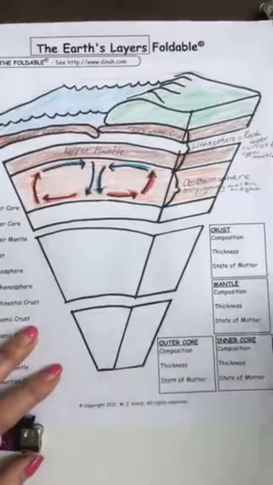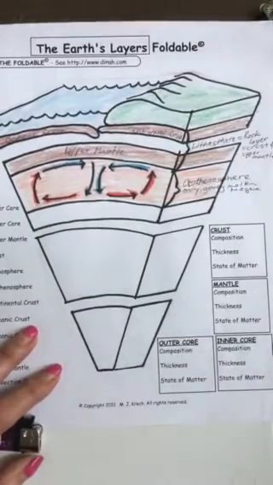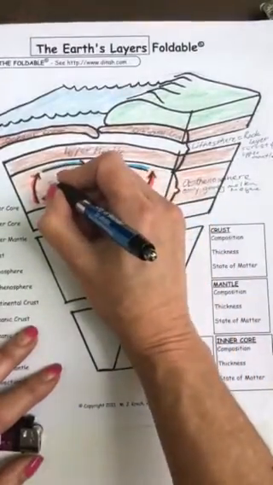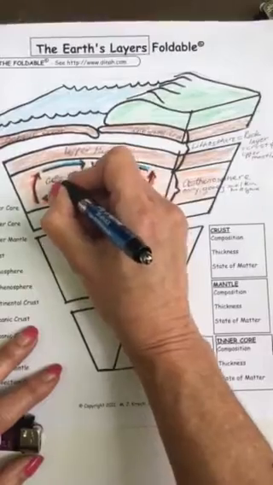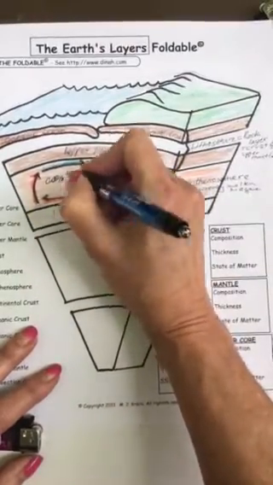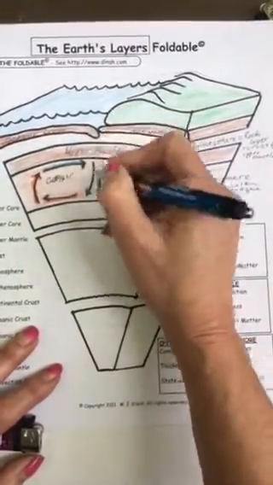Alright, so these are our convection currents in the asthenosphere. I'm going to write it. You can cut it out if you wish, or just follow my lead. I can write with this thing. Convection.